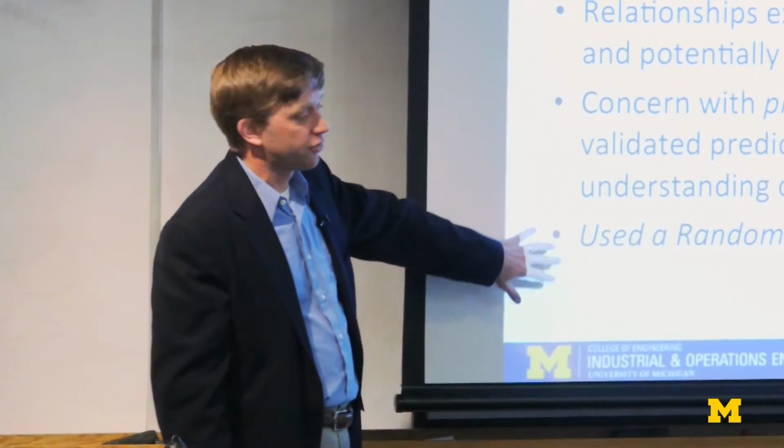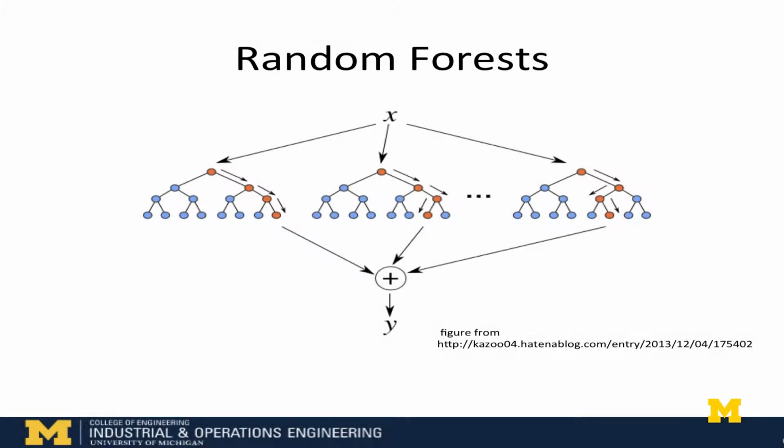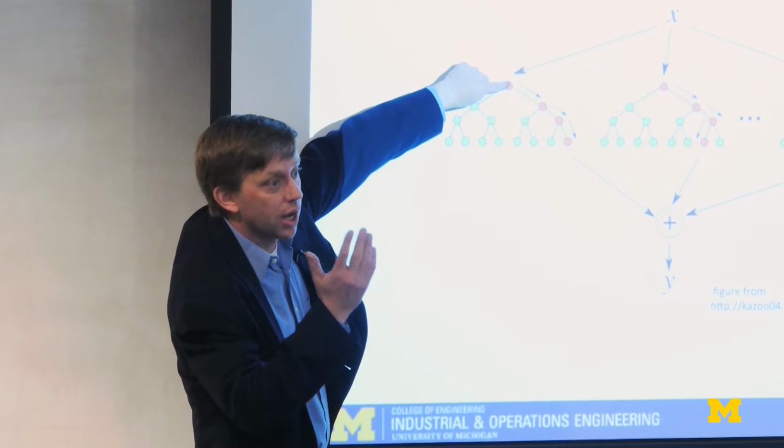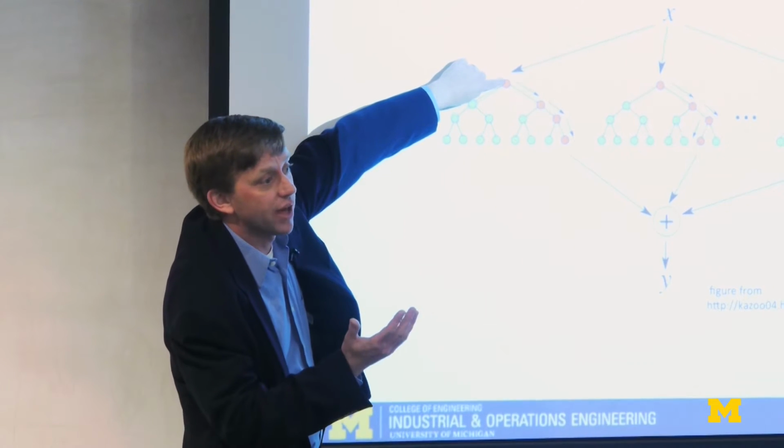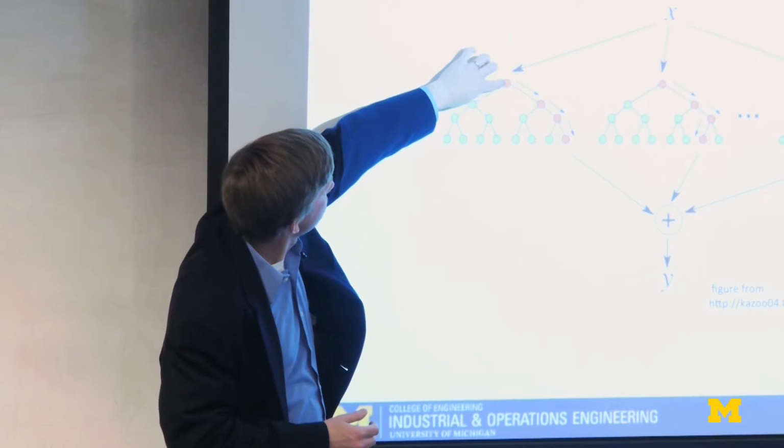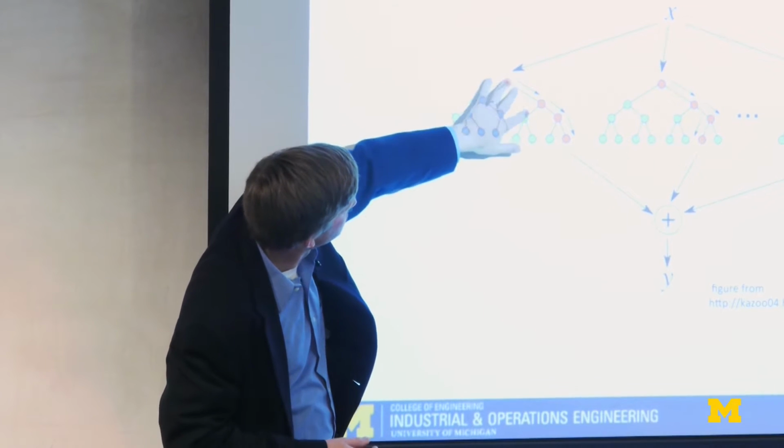So we use what's called a random forest. We'll introduce one type of model here. This is a fairly popular statistical learning method. It's an ensemble approach, an ensemble of regression trees. If you haven't seen a regression tree before, it's a binary recursive partitioning of the data. You take your data set and drop it into the top node, and this is just one tree. It splits on one variable, say sea surface temperature, at a given value, say 24 degrees C. Everything below 24 goes one way, everything above goes the other.